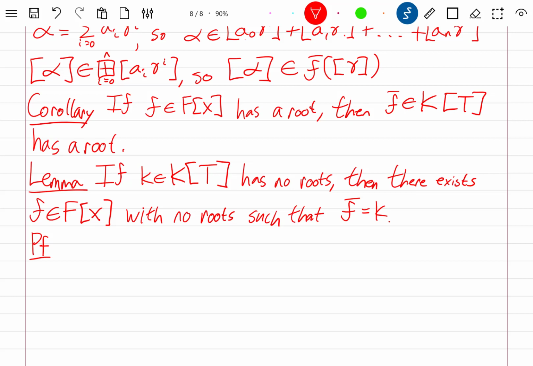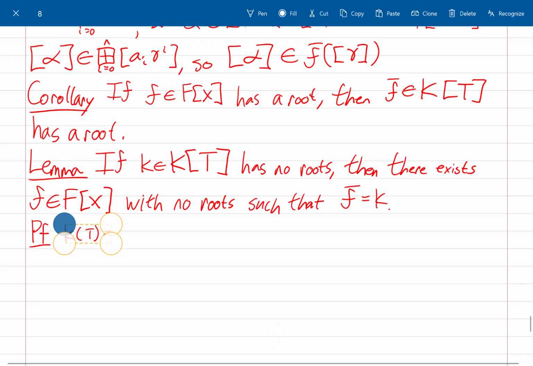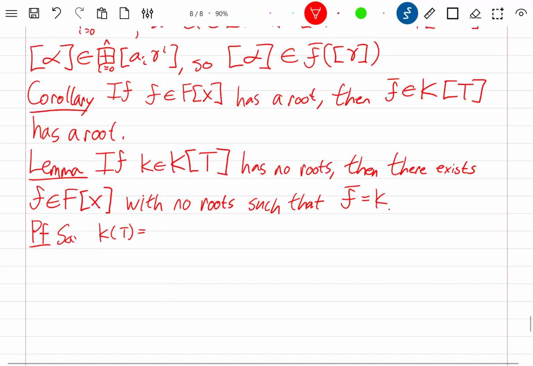So the proof is, well, let's say k of t is my hypersum of some equivalence classes of a_i t to the i. This is my polynomial over k.